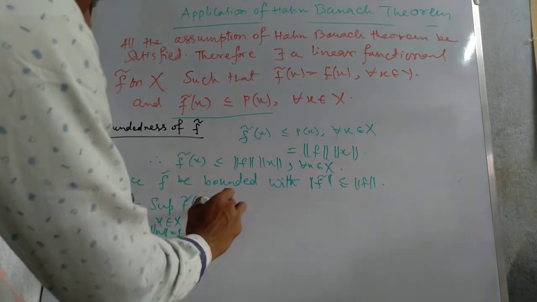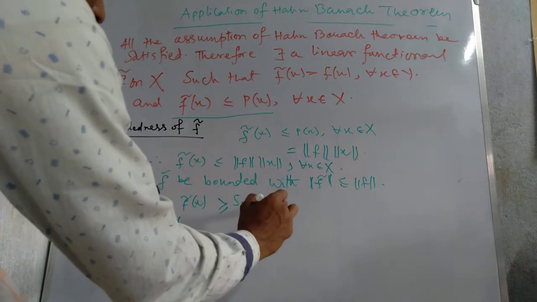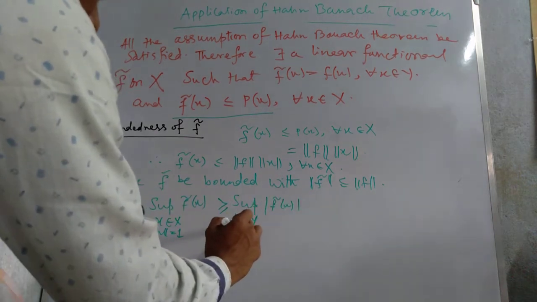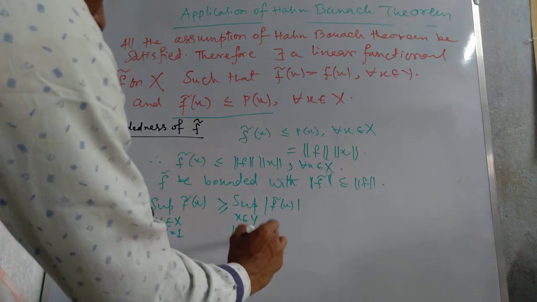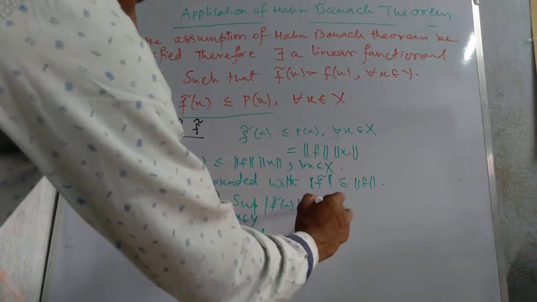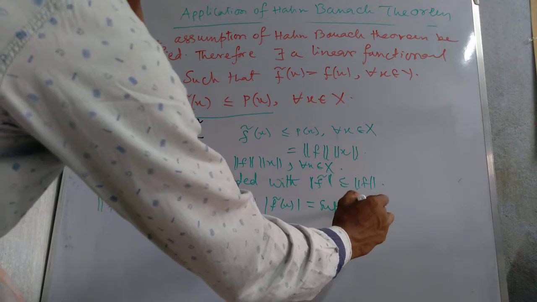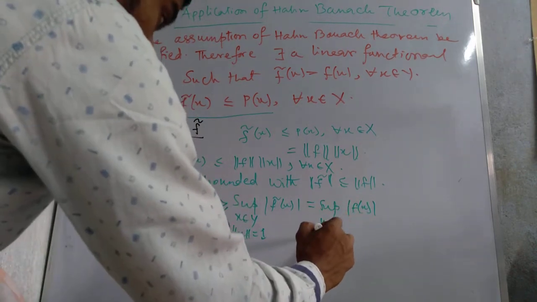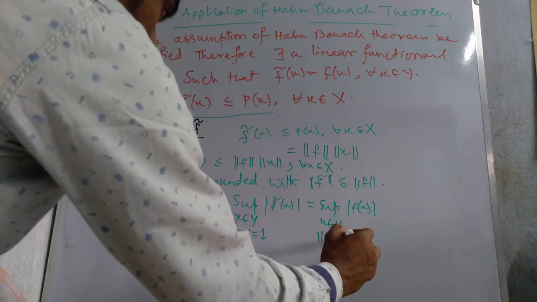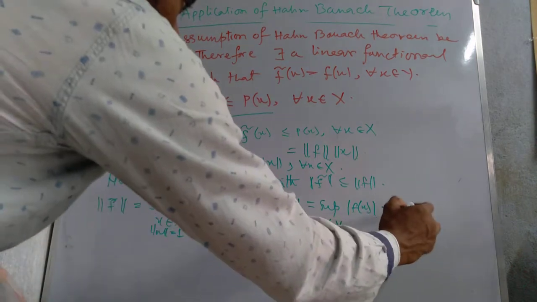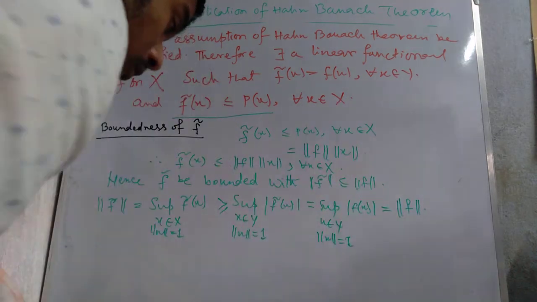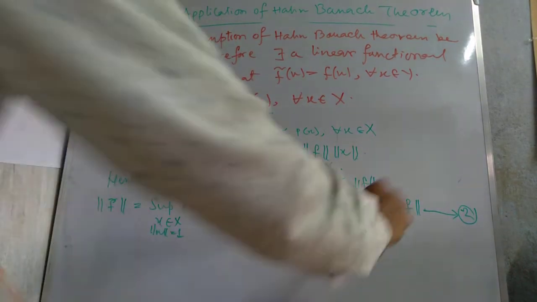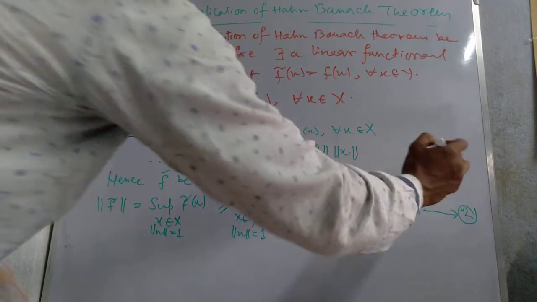This is greater than or equal to the supremum of mod f tilde(x), x belonging to Y, norm of x equal to 1, which equals the supremum of mod f(x), x belonging to Y, norm of x equal to 1, which equals norm of f. This one is marked as 1 and this one as 2.